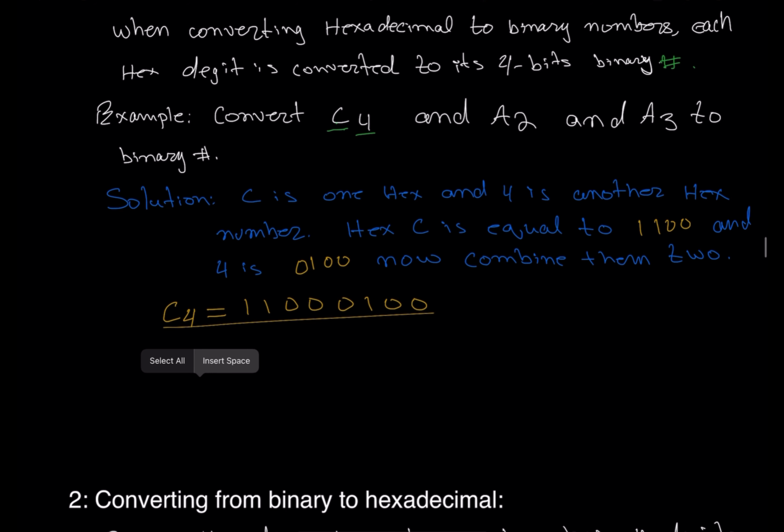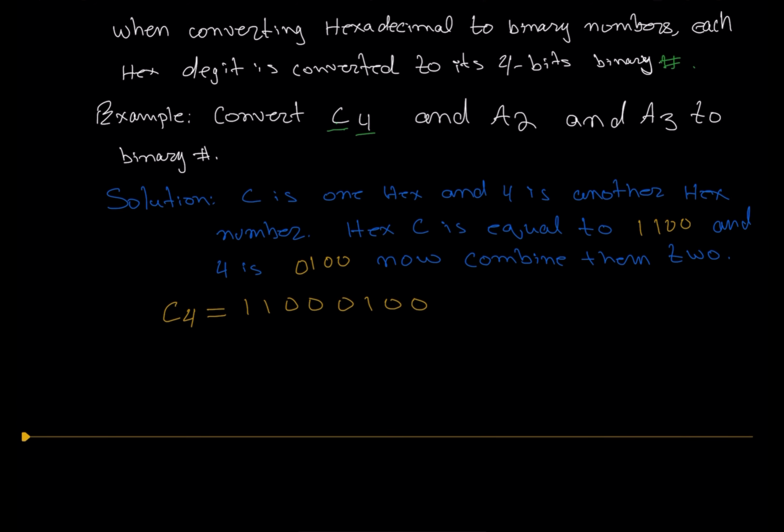Let's do the couple of examples that we have. For the solution, C is one hex digit and 4 is another. Hex C is equal to 1100, since A is 10, B is 11, so C is 12. That is 8 and 4, which makes 12, and 4 is 0100.